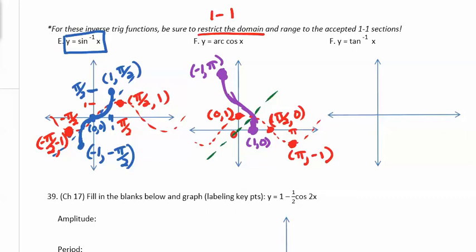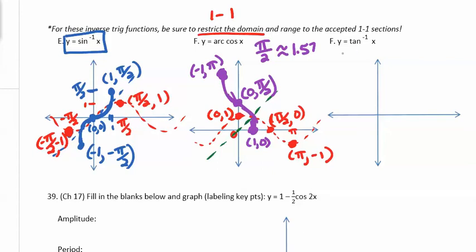So its reflection image right here is at 0, pi over 2. The reason students sometimes have trouble with this is that they think pi over 2 is smaller than 1. Remember, to get your graph squared up, pi over 2 is about 1.57. So remember that your 1 has to be lower than your pi over 2 mark.